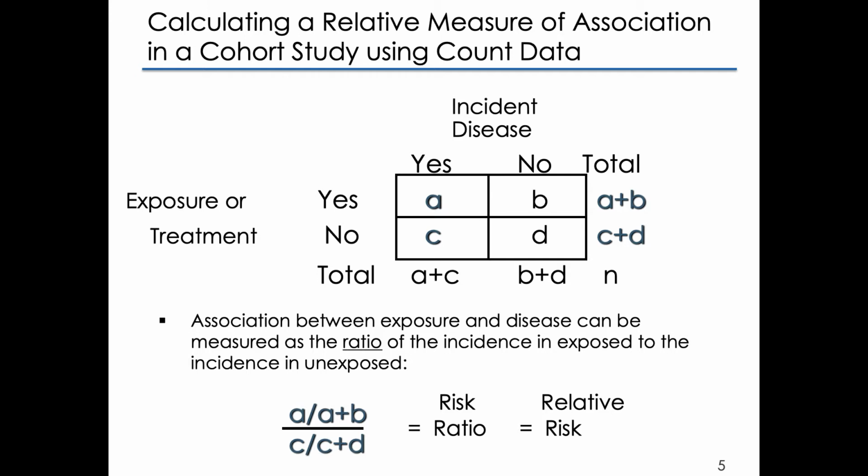So the incidence in the exposed, or the top row, is the number of incident disease events A divided by the total in the exposed cohort, A plus B. The incidence in the unexposed or untreated is letter C, those with incident disease, divided by the total of C plus D. So comparing those two incident risk quantities, we come up with what we call the risk ratio or a relative risk, and sometimes also called the cumulative incidence ratio.